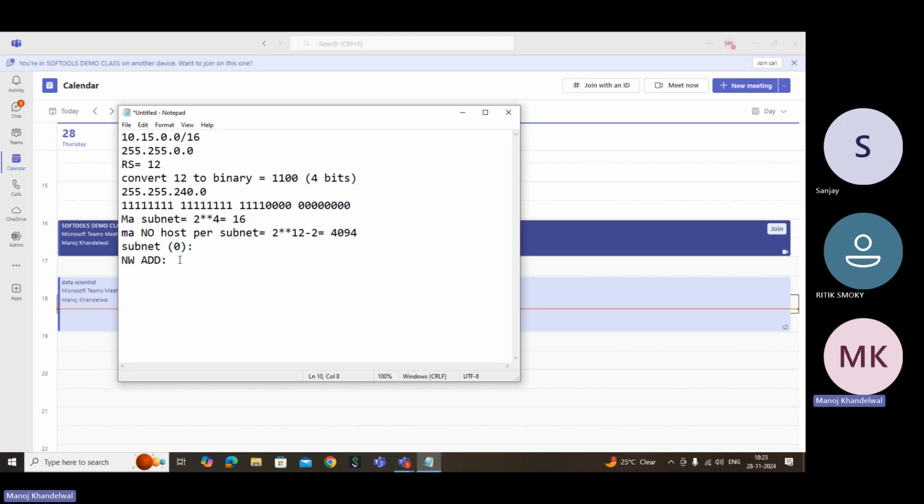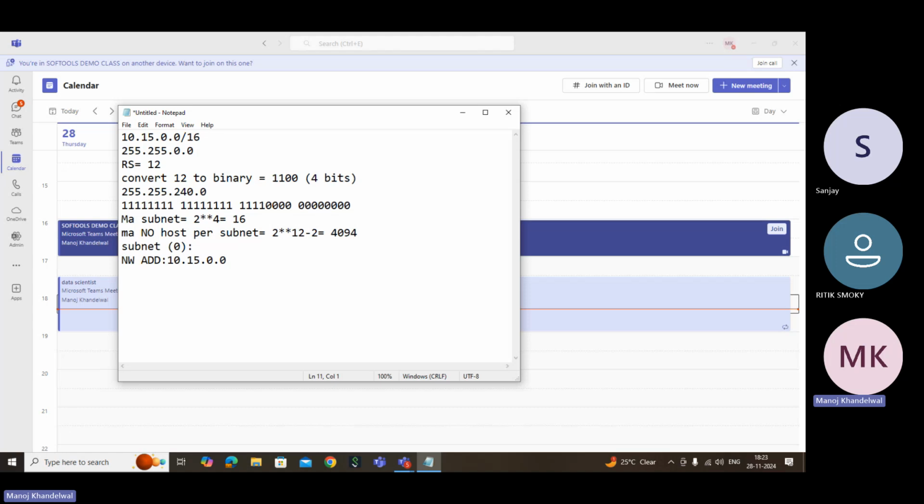Then to get the first one, our normal IP address is 10.15.0.0, so four zeros and then the rest, if we are breaking it down.